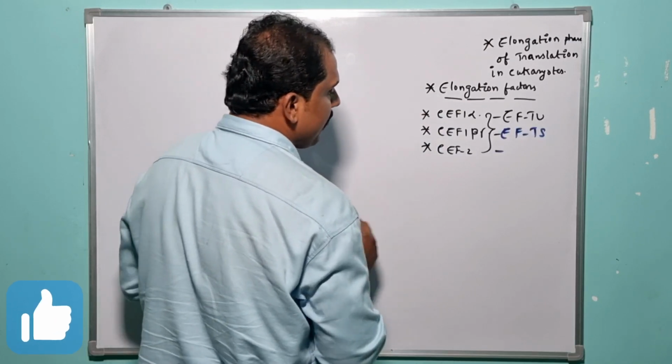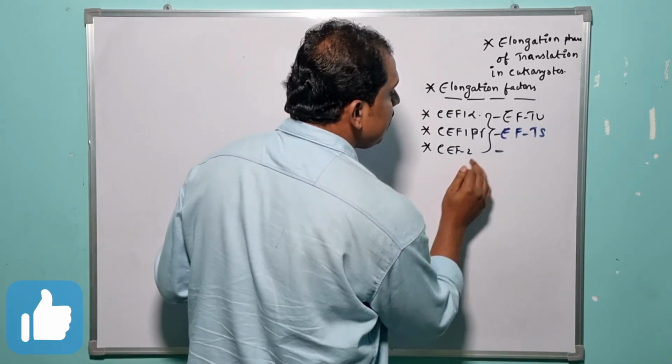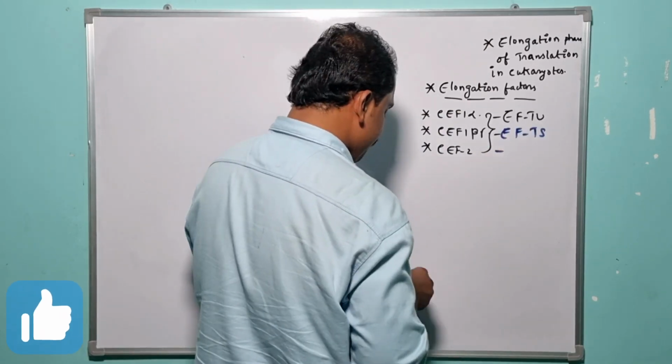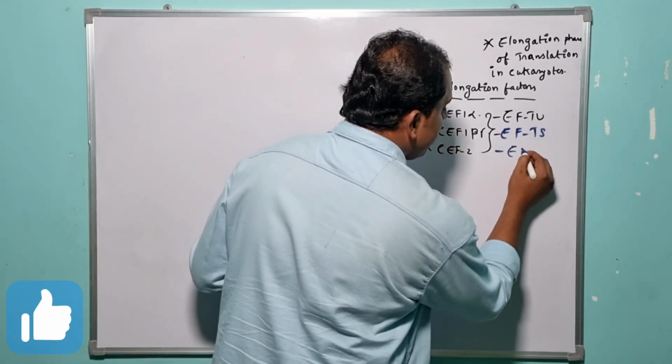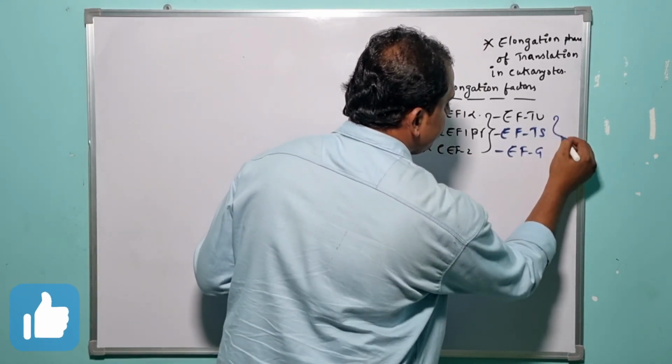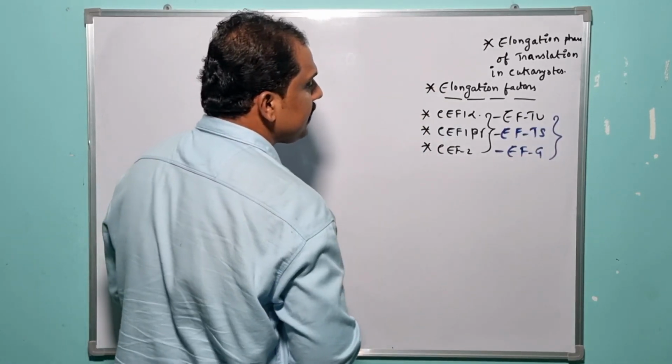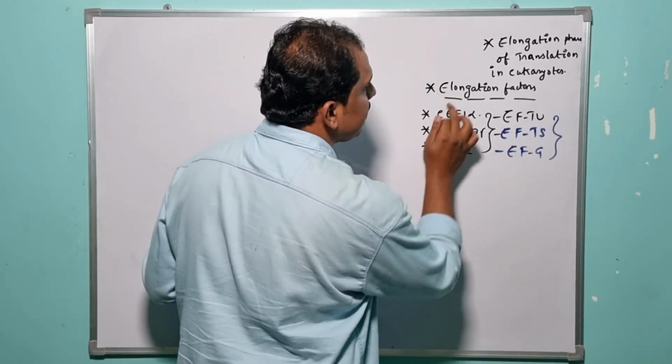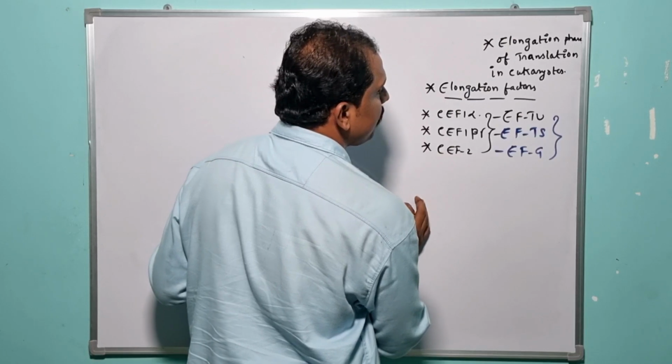And eukaryotic elongation factor 2 is quite homologous to the elongation factor known as EF-G of prokaryotic translation. So these are the various elongation factors responsible for organizing the elongation phase of translation in eukaryotes.